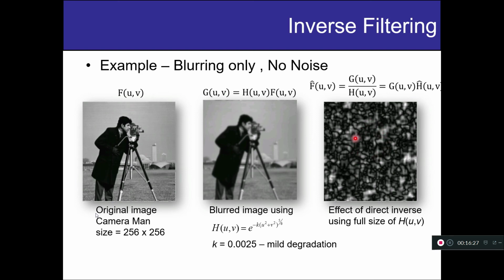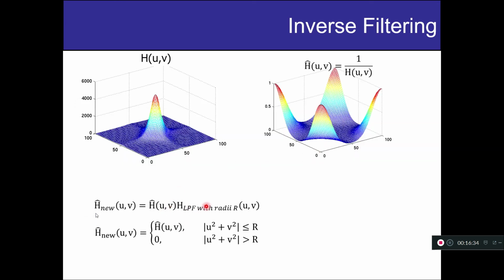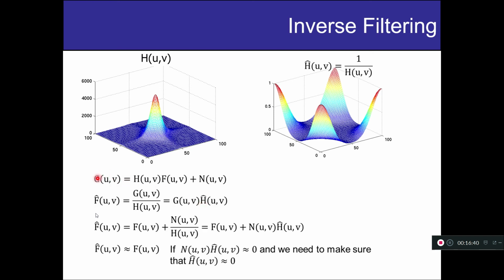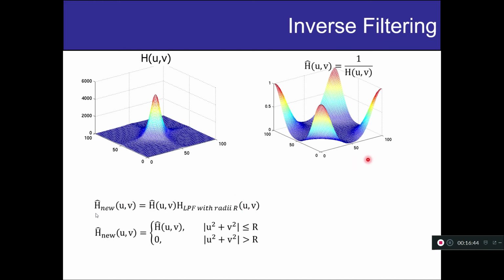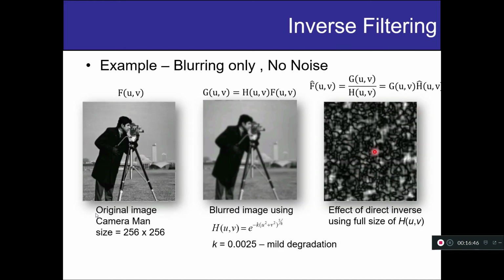So you can see what happened. This one is without cascading with the ideal low pass filter. You directly divide your G by your H, and when you display the image, you see nothing there. Why does this happen?